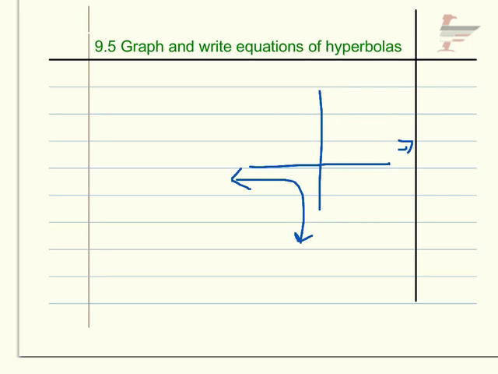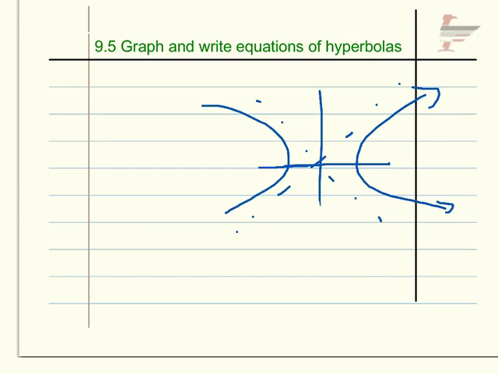So the hyperbolas that you're going to be doing are going to be horizontal or vertical, just like the parabolas and ellipses that you did. Those were also horizontal and vertical. So for example, let me just give you an example. You might have hyperbolas that do this and this, which obviously are horizontal hyperbolas.